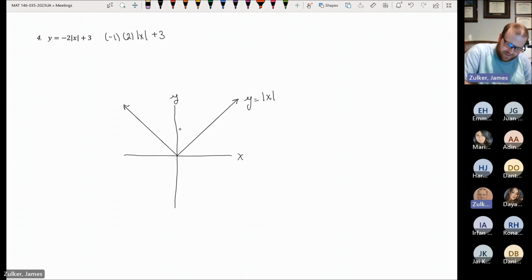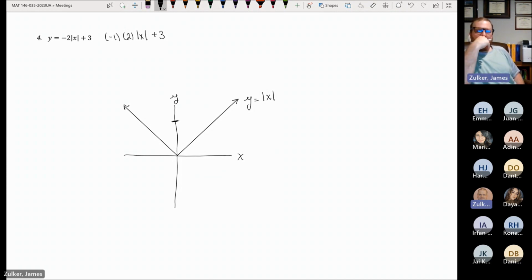Let's say 3 is up there. Sketching the stretch or compression is actually quite difficult.